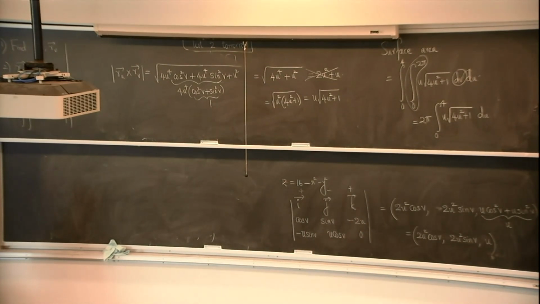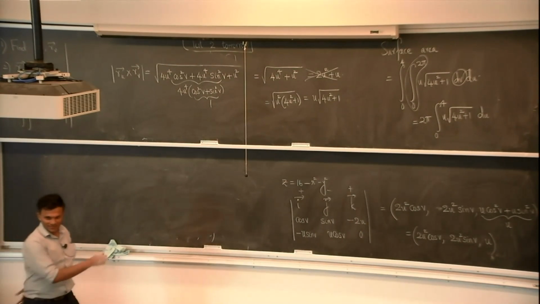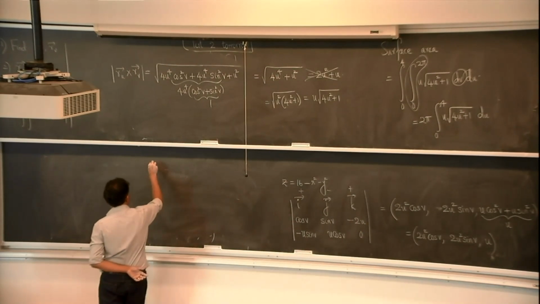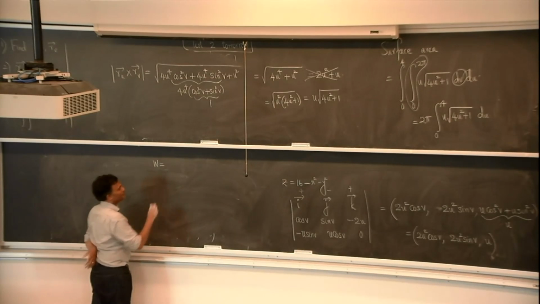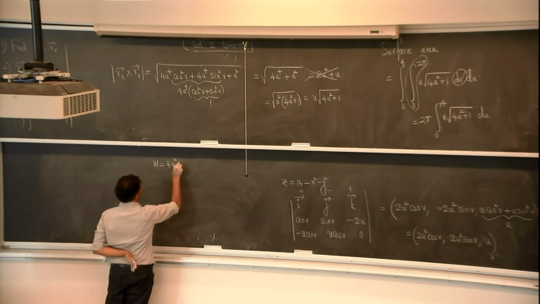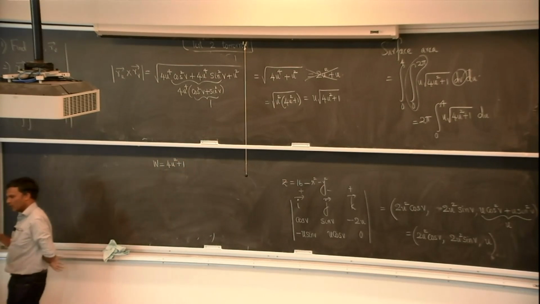U substitution for a u term. What is not surprising is, you can use some other letter, right? W equal to 4u square plus 1, just to avoid going crazy.